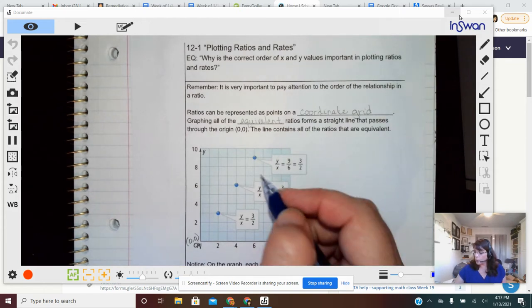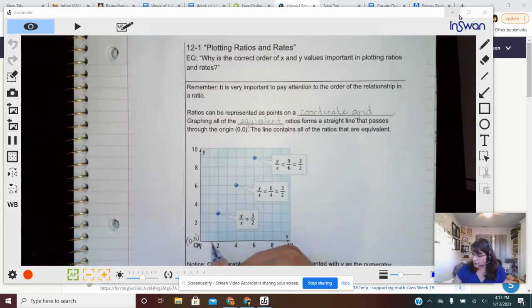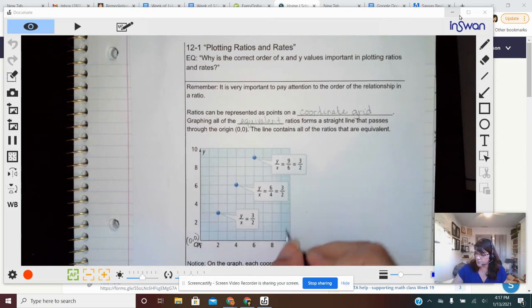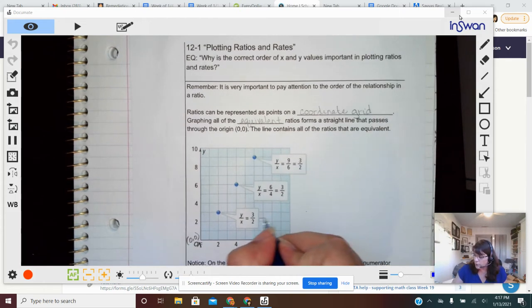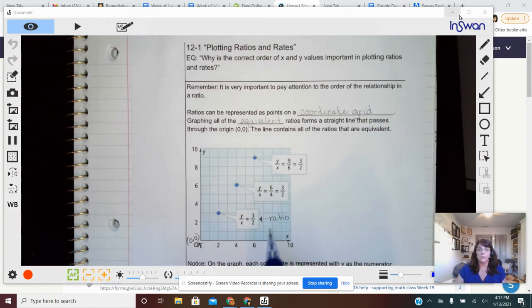Now, when you're graphing points on a coordinate grid, this dot right here goes over 2 spaces. That's on the x-axis. And it moves up 3 spaces. That's on the y-axis. And you can see here that this is the ratio or the proportional statement.